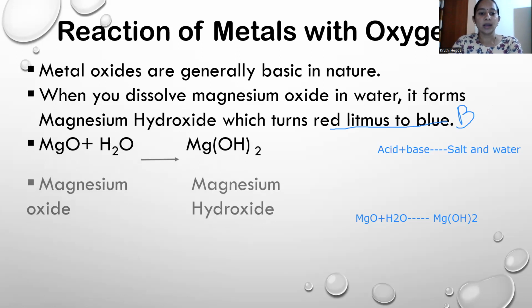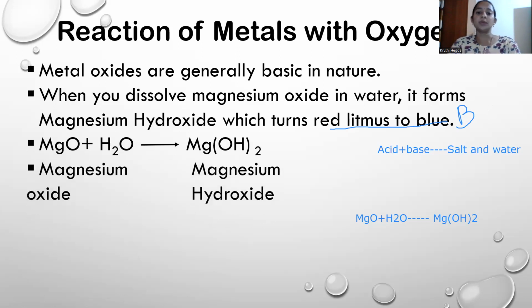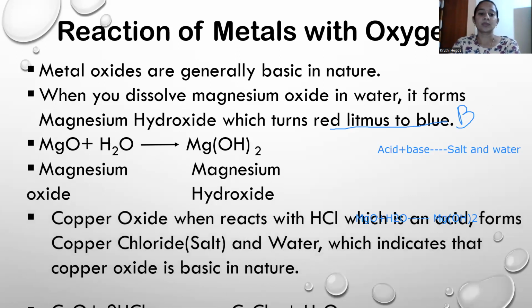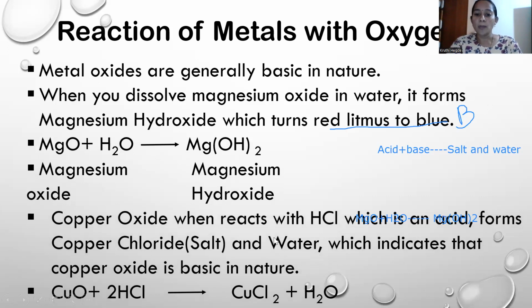Magnesium oxide with water produces magnesium hydroxide, which we have written here itself. When magnesium oxide is dissolved in water, magnesium hydroxide is obtained. That's one way to know using litmus.